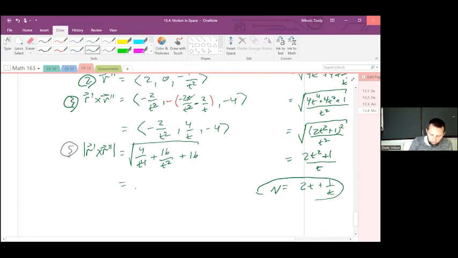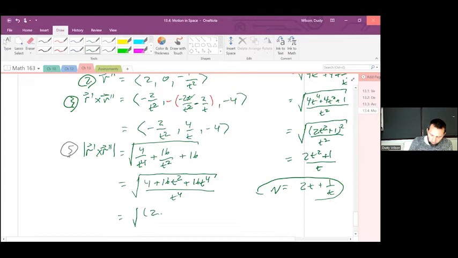So finding the common denominator, this will be 4 plus 16t squared plus 16t to the 4th all over t to the 4th, which once again, it looks like a perfect square.